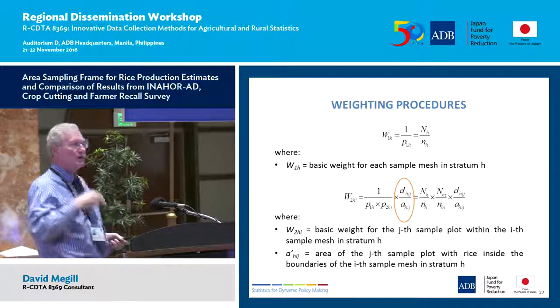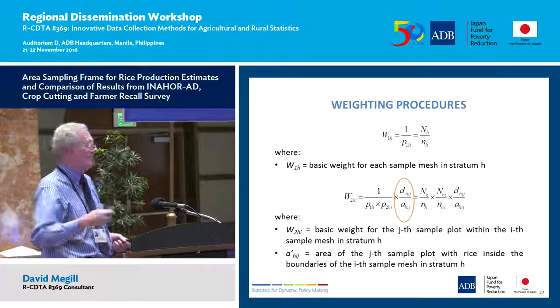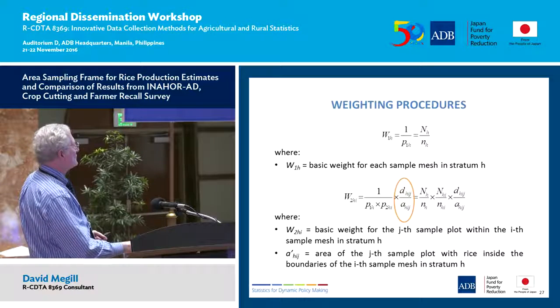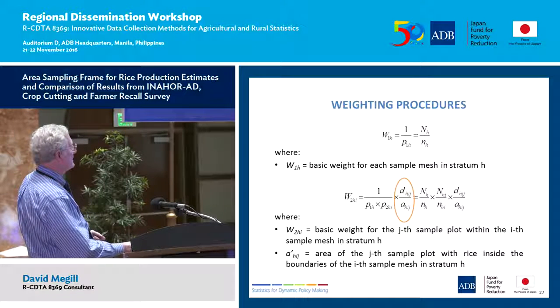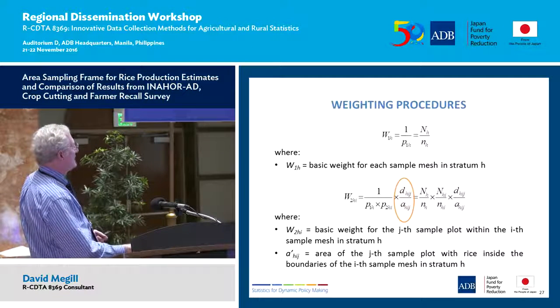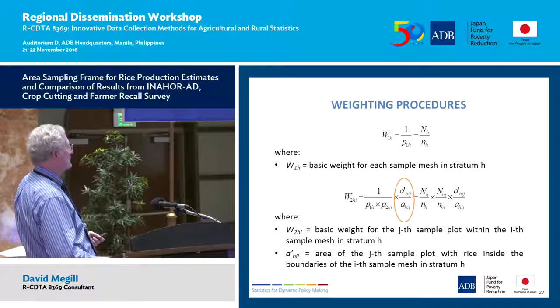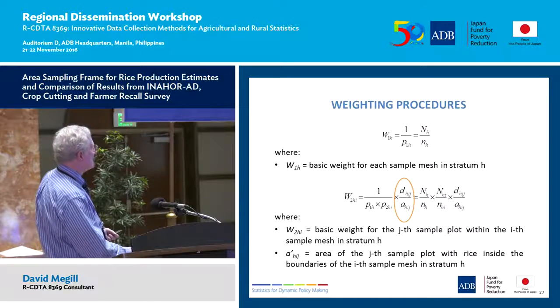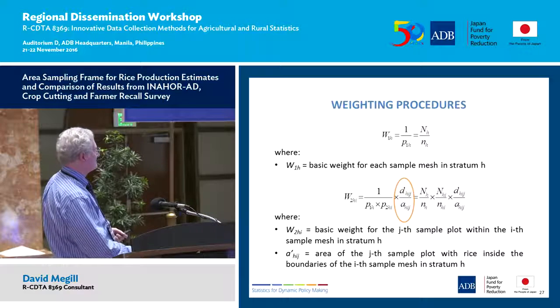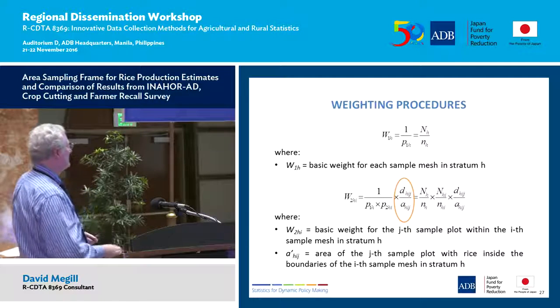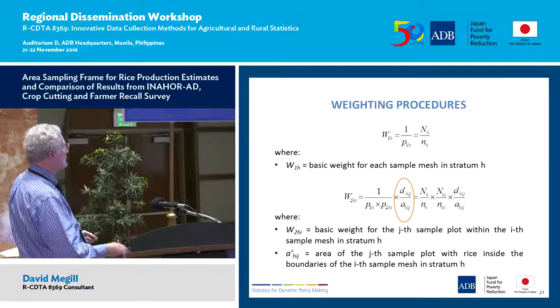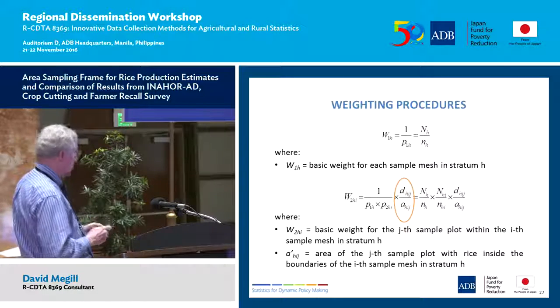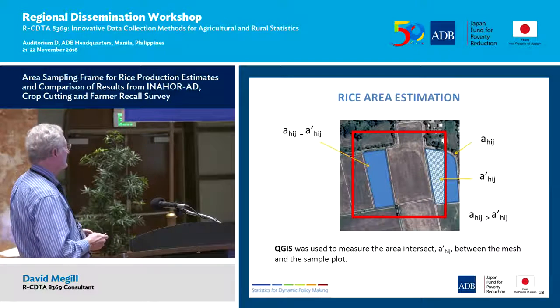In order to avoid duplication in the weights, you need to adjust by the proportion of the area of the plot that is inside the mesh. So this is the weight of the full plot, and this is what was used for the plot level data.